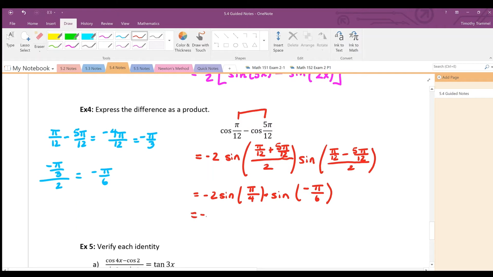And so this gives us minus 2. Sine of pi over 4 is the square root of 2 over 2. And sine of negative pi over 6 is going to be minus 1/2. So this just ends up giving us the square root of 2 over 2.